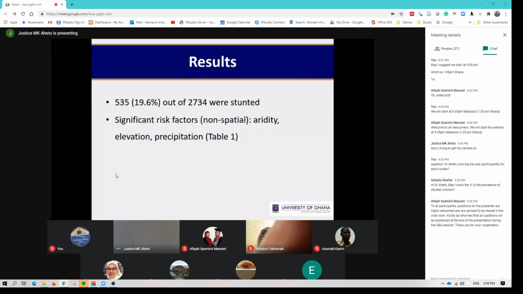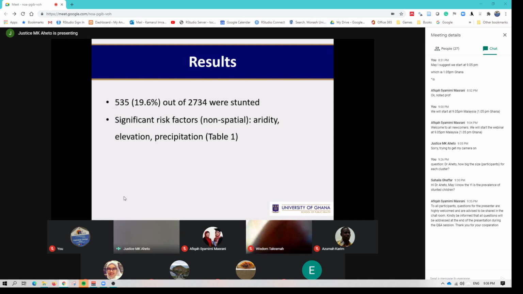Okay, so some results from the analysis. Out of the 2,734 children used in this analysis, 535 of them actually were stunted, representing close to 20%.